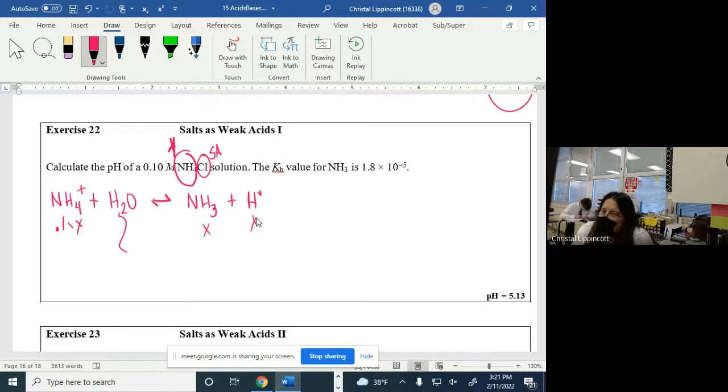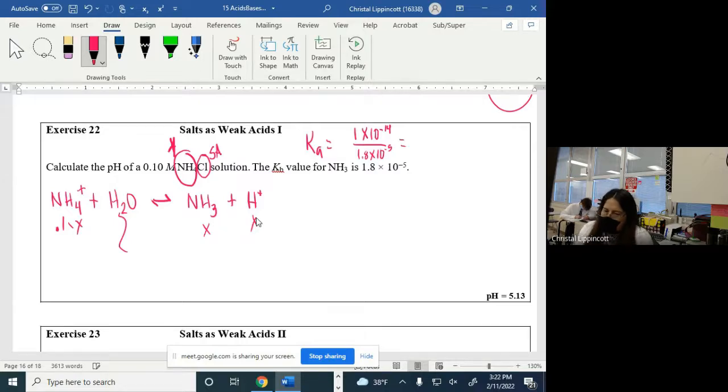Again, I've got an H ion here, so Kb will not serve me well. What do I need to do? 1 times 10 to the negative 14. I need to find Ka. 1 times 10 to the minus 14 divided by 1.8 times 10 to the minus 5.